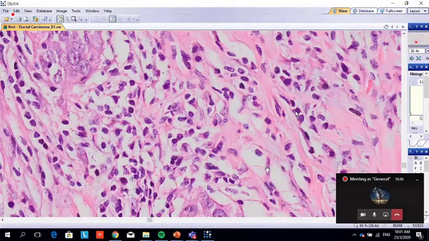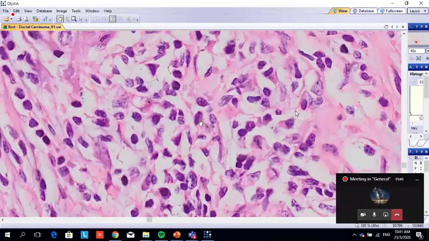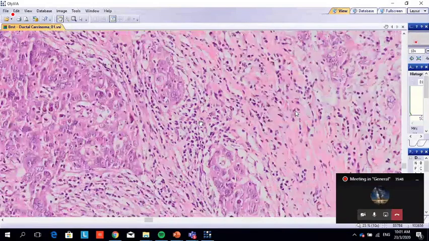Fibroblast is this. This one is what? Lymphocyte. Plasma cell. So it is inflammation. The surrounding tissue is inflamed.